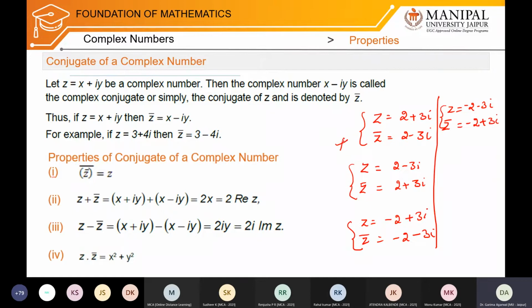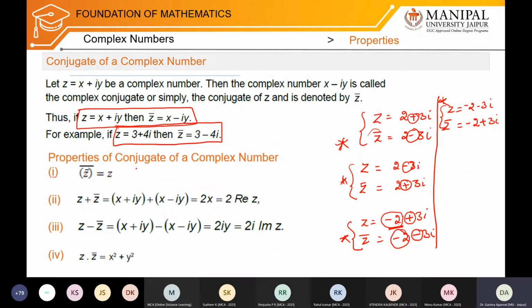So these are the conjugates of complex numbers. What it means is, the sign of iota will change. The rest of the terms will remain unchanged. The sign of the first term will remain unchanged, the values will remain unchanged, only the sign of iota will change. Then it is known as the conjugate of a complex number, and this is the notation, z bar, right?